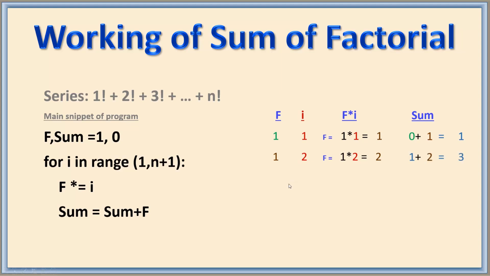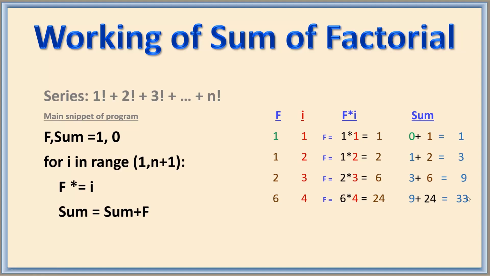The next round when I is 3, the factorial is 2 already. Now this 2 into 3 is equal to 6, and then 3 plus 6 is equal to 9. So the previous sum is added with this current factorial. Similar way it keeps going. Now 6 into 4, 24, old sum and the new factorial has been added.